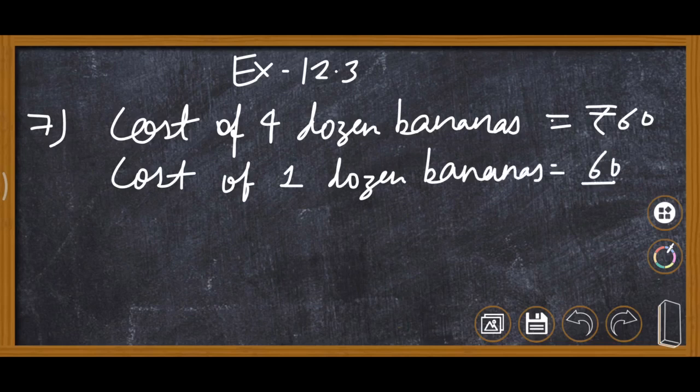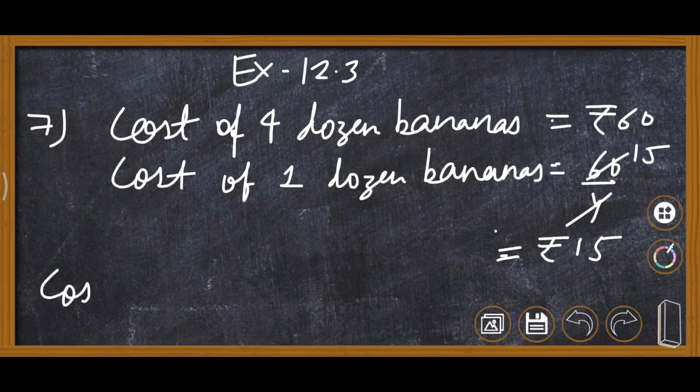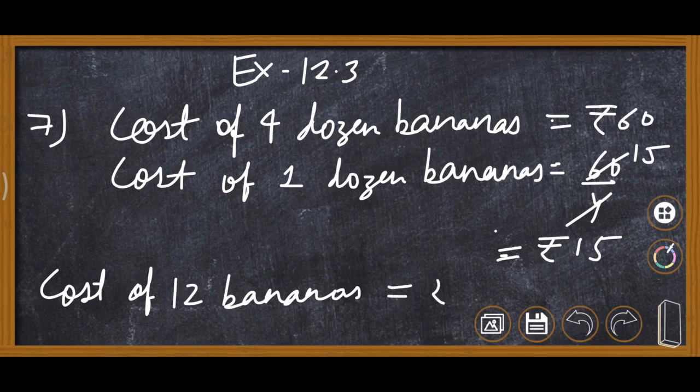This is 60 upon 4, or we can say here this is rupees 15. And you know that the cost of 1 dozen banana is rupees 15, means cost of 12 bananas. 1 dozen contains 12 bananas. So cost of 12 bananas is rupees 15.